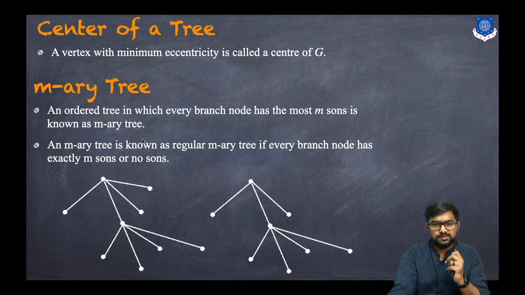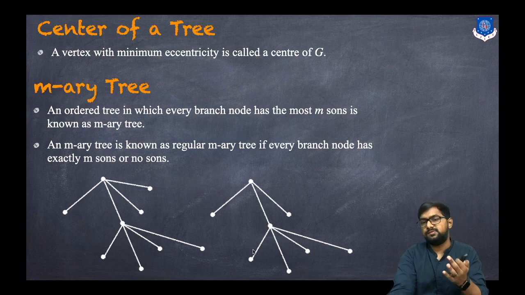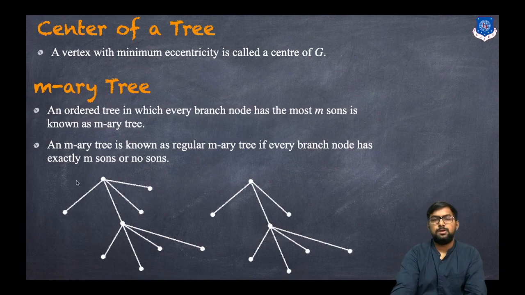So just consider this graph. As you can see, here we have a total of 4 degree, and here also 4 degree. Here it has 3 degree, and this vertex has 4 degree. So what is the difference? Here it has 4 sons, here also 4 sons, and here 3 sons and 4 sons.